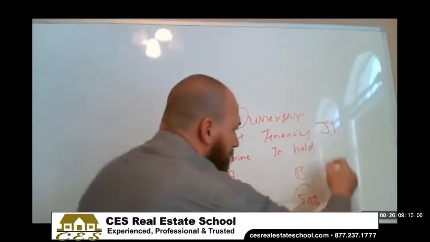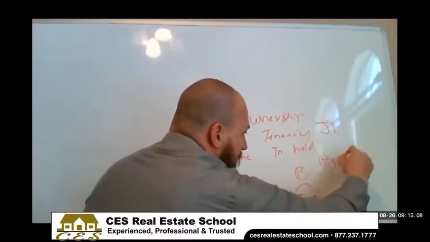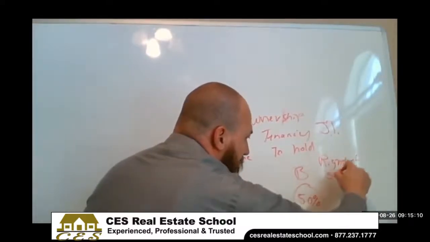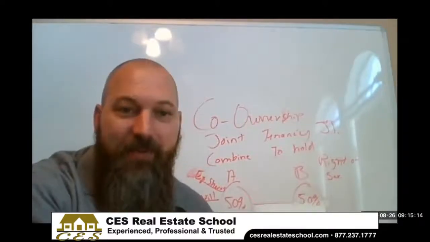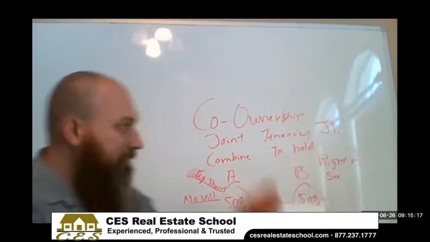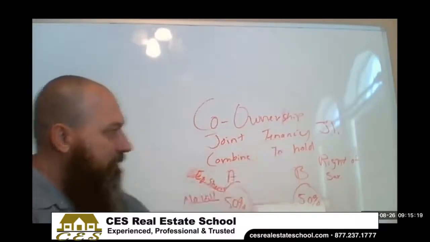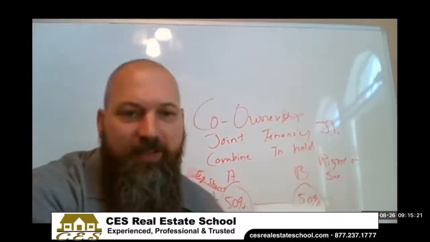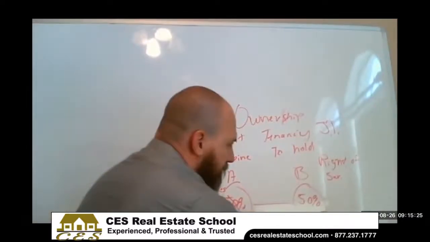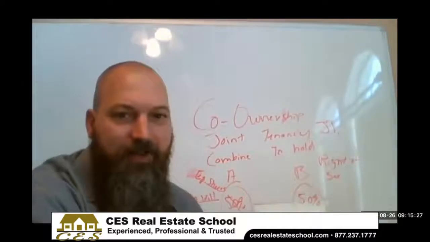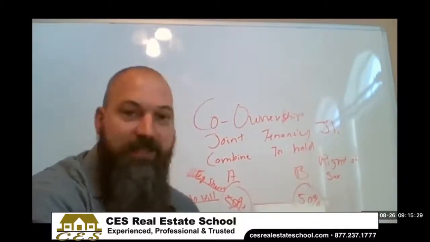Joint tenancy has what is called the right of survivorship. So if you ever get a question, what type of ownership has the right of survivorship, it is automatically joint tenancy. All right, so what in the world does right of survivorship mean? What that means is if A dies, B gets it all. That's what right of survivorship means, right? Last man standing, per se.